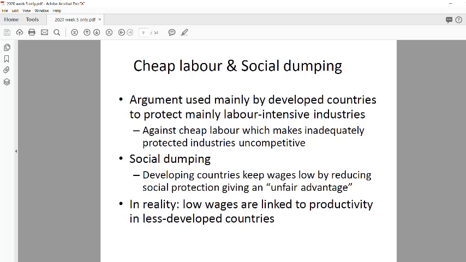Anyways, this is what they call social dumping: trying to hold your factors of production costs as cheap as possible so that you can get some unfair advantage in competing internationally.